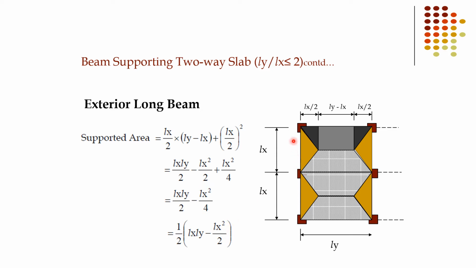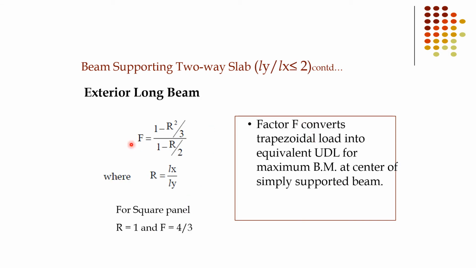Okay, that is the trapezoidal loading. Now I will convert this trapezoidal loading into equivalent UDL. Again I will multiply by the factor. What is the factor? Factor f is equal to 1 minus r square by 3 divided by 1 minus r by 2. What is r? r is the shorter dimension to longer dimension ratio. What is f? The factor converts trapezoidal load into equivalent UDL for maximum bending moment at the center of a simply supported beam.